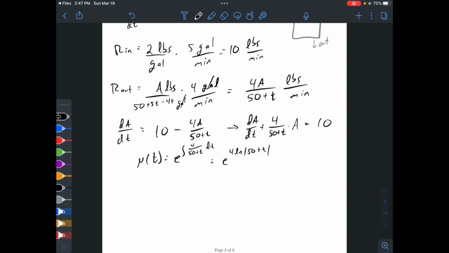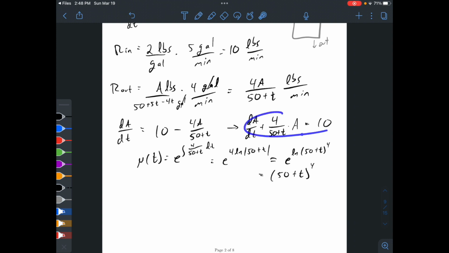You could do a u sub on that one if you aren't immediately seeing why that is true, and then you could do some log rules. This is e to the ln of 50 plus t to the fourth, and I can drop the absolute values because anything to the fourth power is going to be positive anyway. So this is 50 plus t to the fourth, because e to the ln of something is just that same something. So we have our integrating factor.